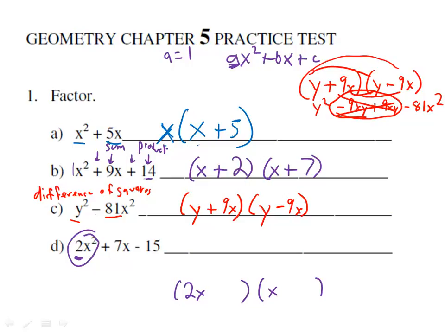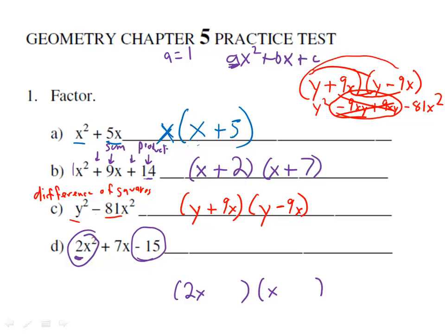Alright, now I need to find two ways that I can get, I gotta focus on the last term. How do you get negative 15? Well, you gotta find two numbers that will multiply together to make negative 15. Choices are limited with this. You got 1 and 15, but one of them is positive and the other one's negative, or vice versa. Then you got 3 and 5.